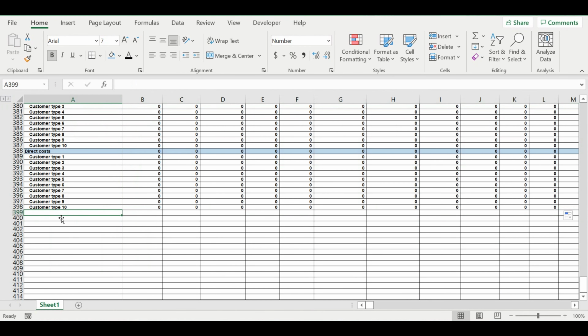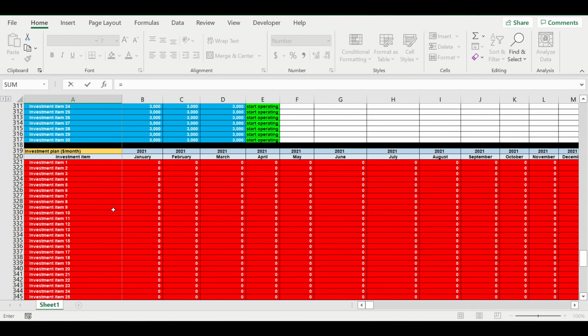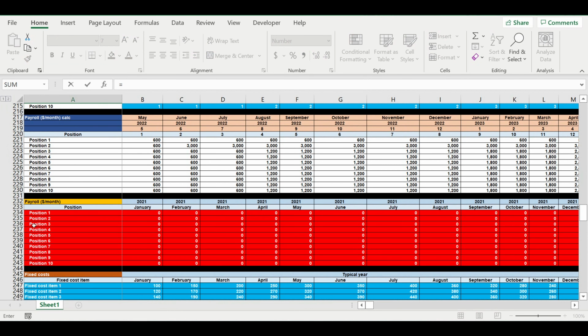Then we link our payroll. We just search for the payroll block with outputs.